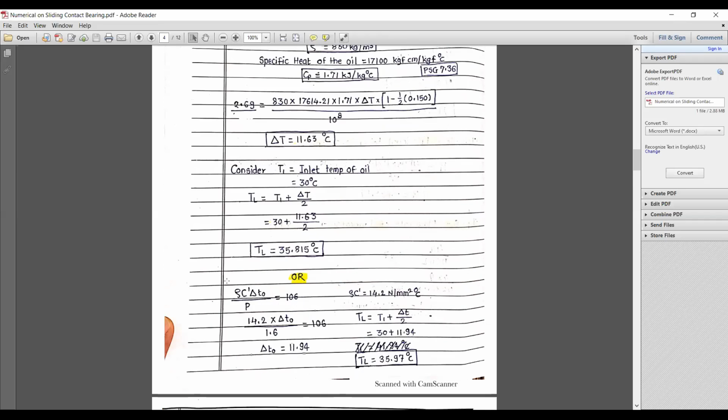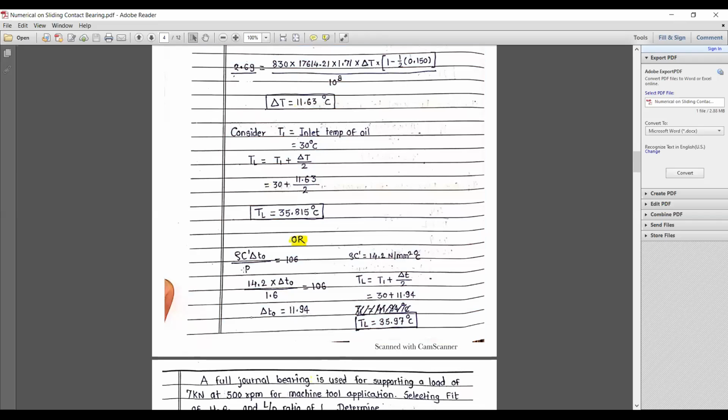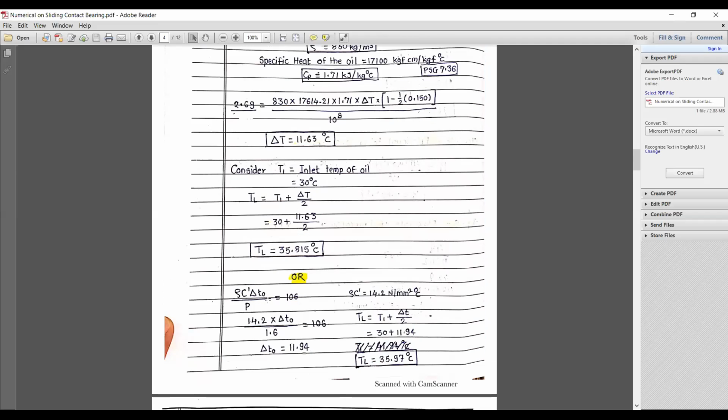Now we can find similar values using a dimensionless parameter. By referring to the equation rho c dash delta T0 divided by P is equal to 10 raised to 6, where rho c dash is equal to 14.2 Newton per mm square degree centigrade, and P, the bearing pressure, is 1.6.